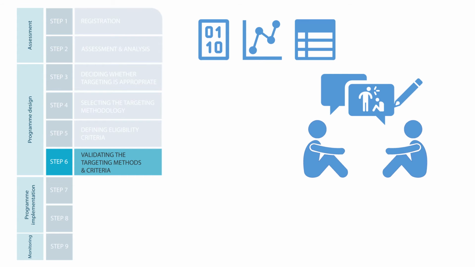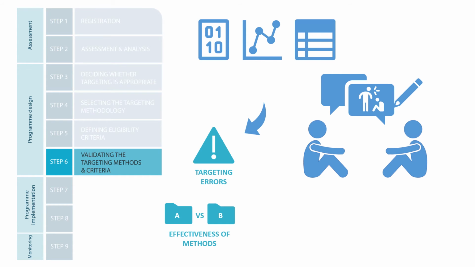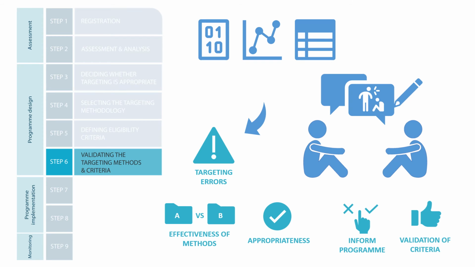The main objectives of validating the targeting methods are to estimate the expected inclusion and exclusion errors associated with the chosen targeting method and criteria, to compare the effectiveness of different targeting methods and criteria, to assess the appropriateness of the chosen method for the specific context, to inform the program design in terms of guiding mitigation strategies, referrals to other programs, and design of complaints and feedback mechanism, and to ensure the validation of the targeting approach and criteria from persons of concern to ensure they are part of the targeting process.